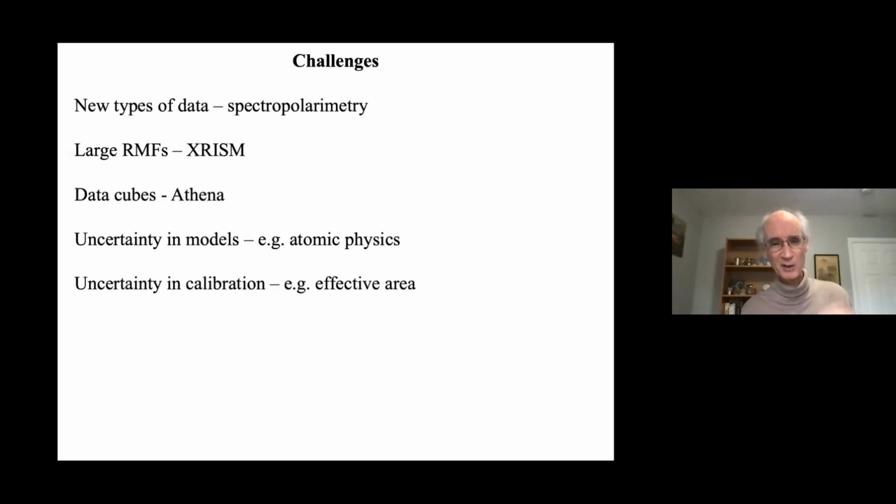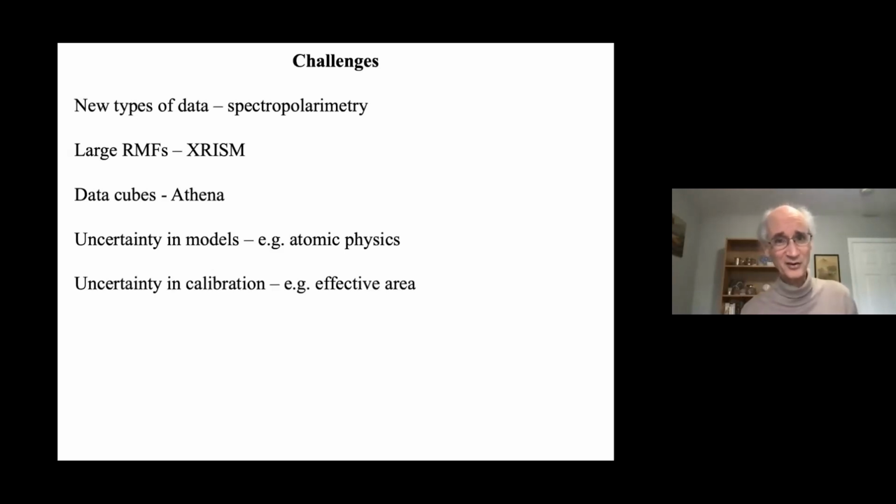Two other challenges at the moment, which we're thinking about, is how to deal with uncertainty in models. I've been talking about the uncertainty we have on the data, and I've been assuming that the models are correct. However, we depend on atomic physics measurements.